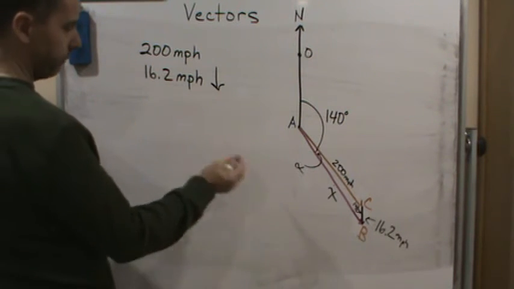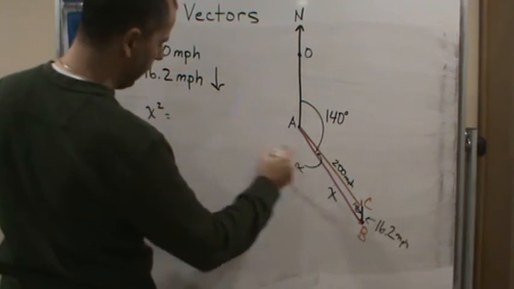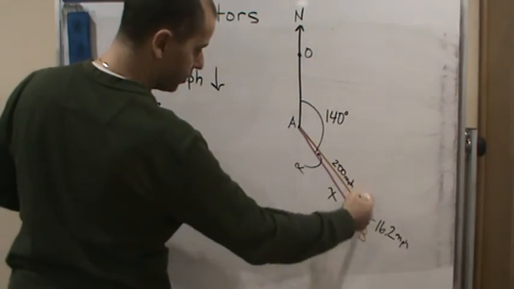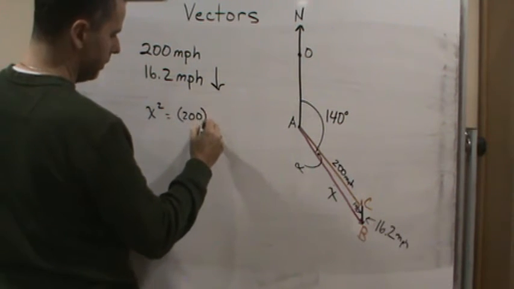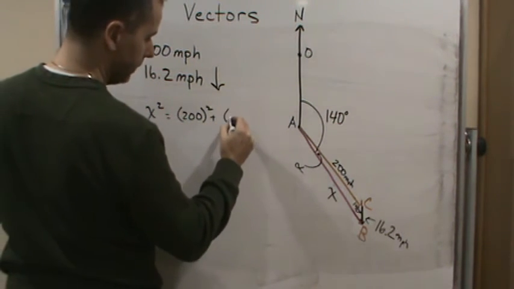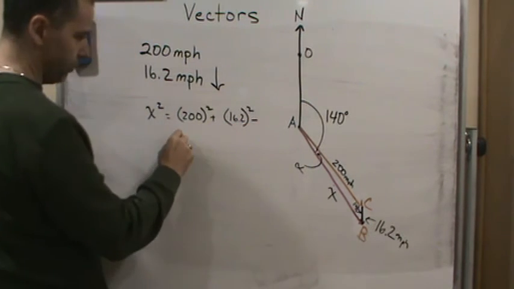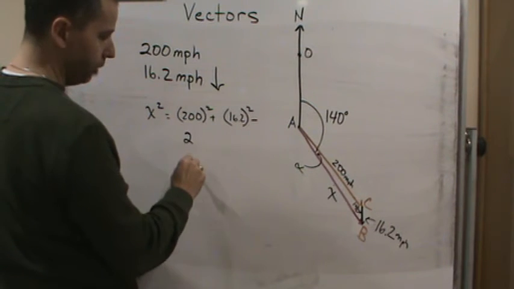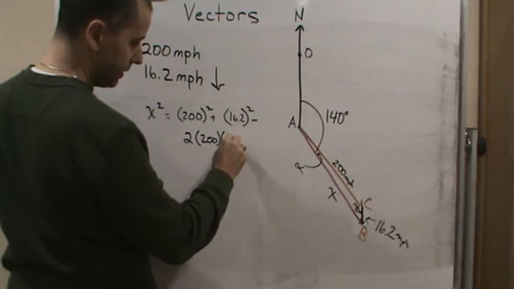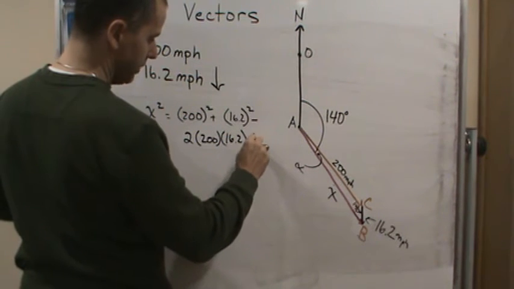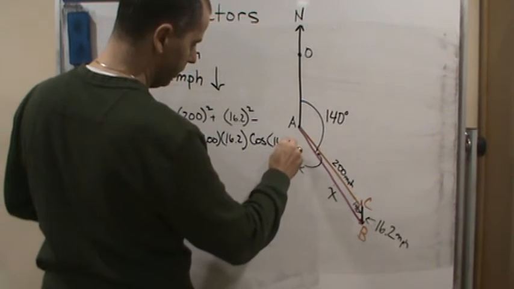Now we can use the law of cosines that says x squared is going to equal a squared plus b squared. So it's going to be 200 squared plus 16.2 squared minus 2 times 200 times 16.2 times cosine of the angle between them, which is 140 degrees.